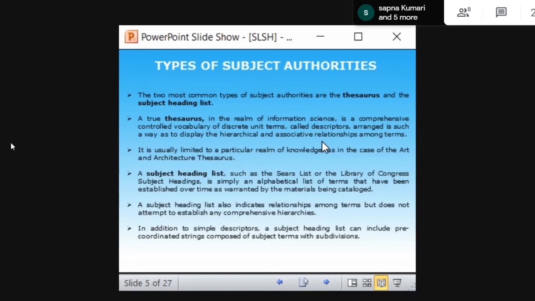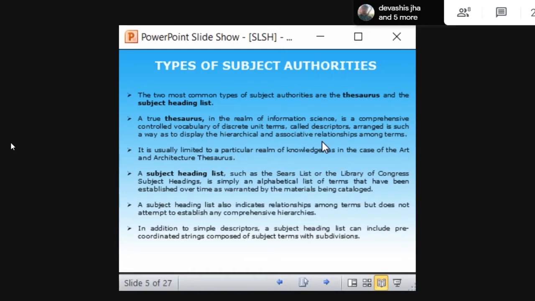So a subject heading list, as I told you, let it be Library of Congress or Sears list or Medical Subject Headings, is listed in alphabetical order, and has been established over time as warranted by the material being catalogued. Depending upon the material being catalogued and the emergence of new subjects, new terms are added.